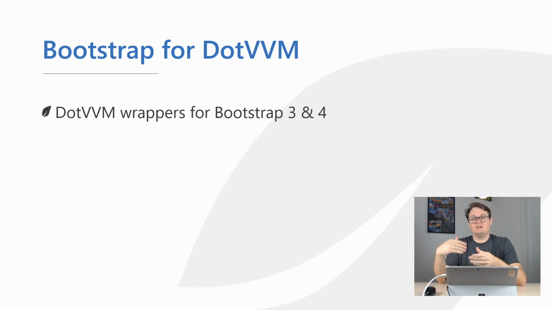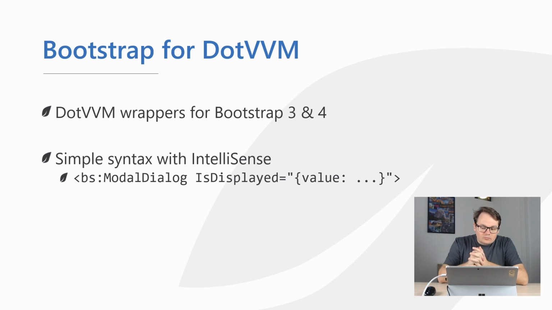You will get IntelliSense for all the properties this control offers and for all those inner elements. So you will see that there are some left aligned items, right aligned items, main content, and other things. So it's quite useful because it's very discoverable. Also, there is, for example, modal dialog, which is programmed in a way that it works for data binding.